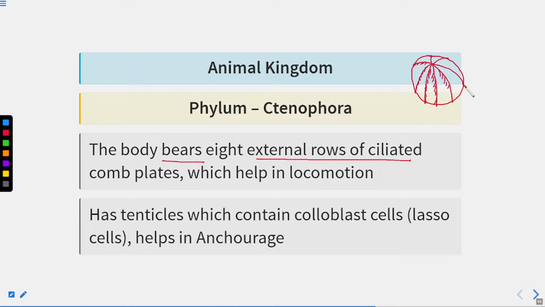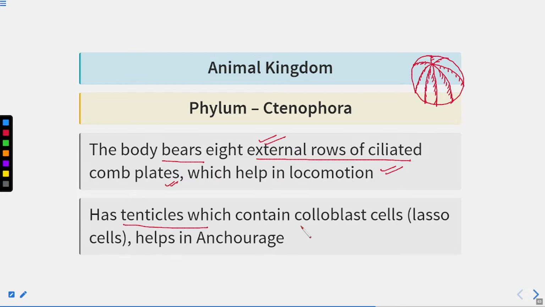So 8 external rows of cilia are present. The body bears 8 external rows of ciliated comb plates which help in locomotion. This is very, very important for this phylum.